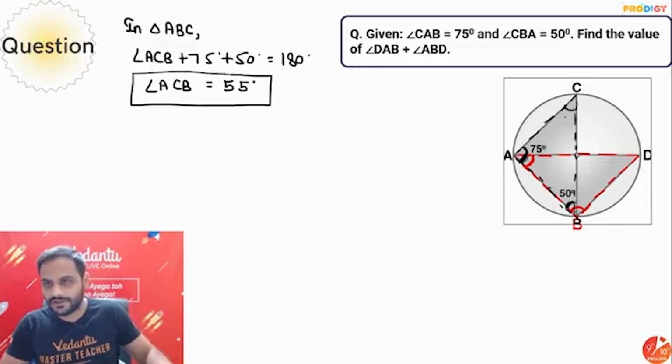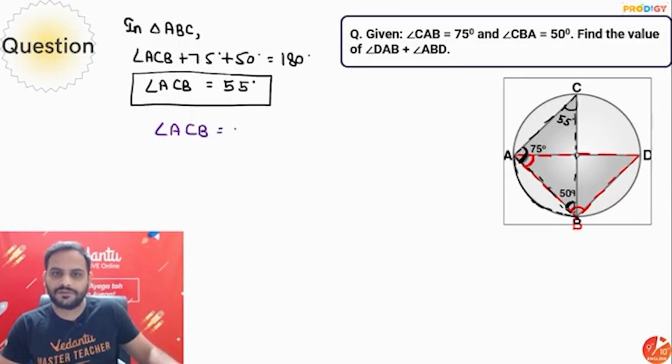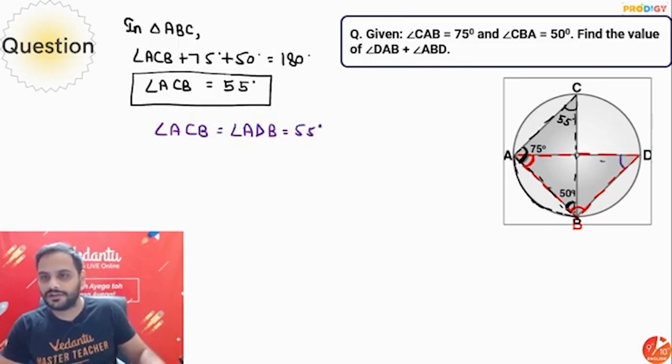Now if angle ACB is equal to 55 degrees, understand that if I talk about the chord AB and this minor arc AB, this is the minor segment, the remaining part is the major segment, and angles in the same segment are equal. So angle ACB will be equal to angle ADB, both equal to 55 degrees.